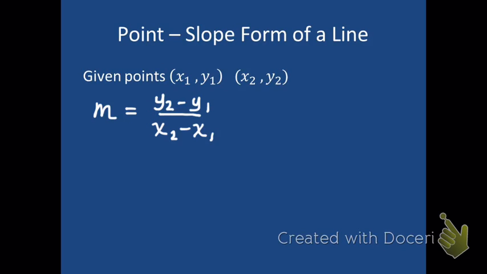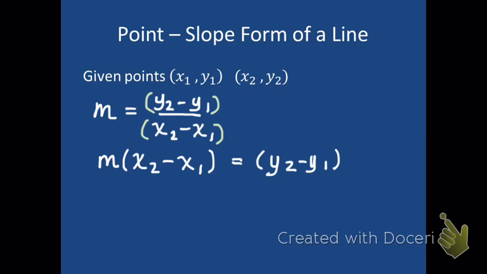Okay, so if we have the slope written in this format, we're going to use that to write the point-slope form of a line. So I'm going to put parentheses around there so we can see that those are quantities. And then we're going to multiply both sides of that equation by that quantity x2 minus x1. And we get this equation.